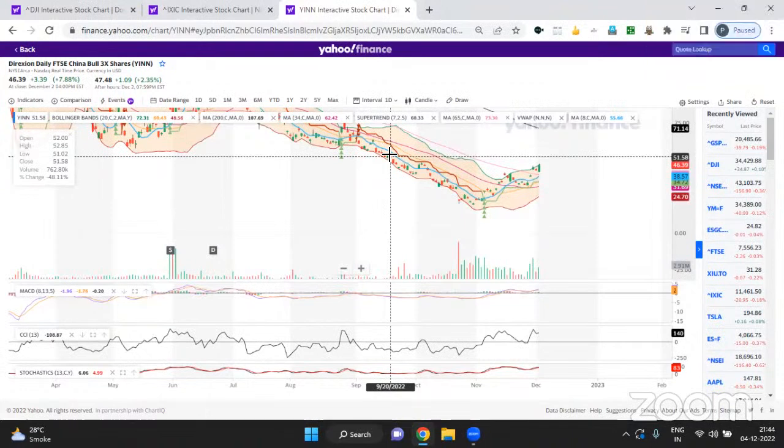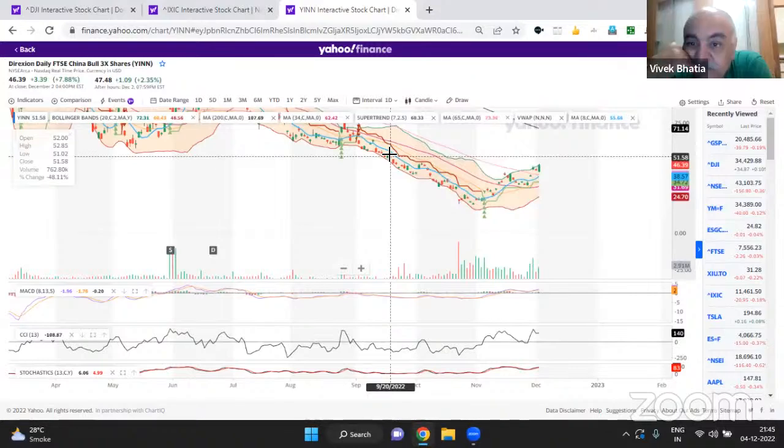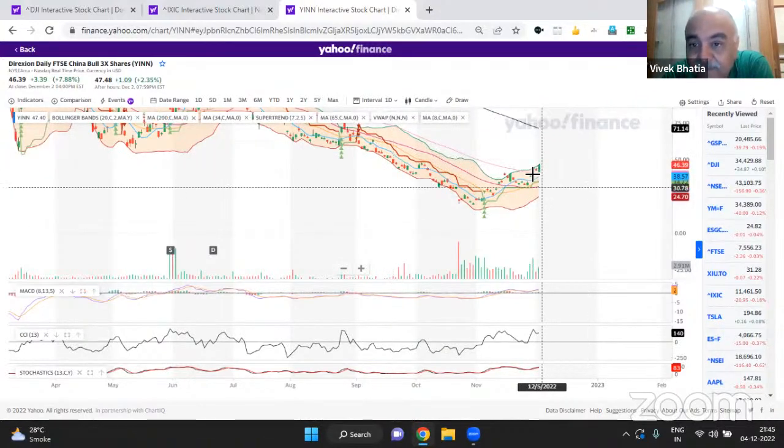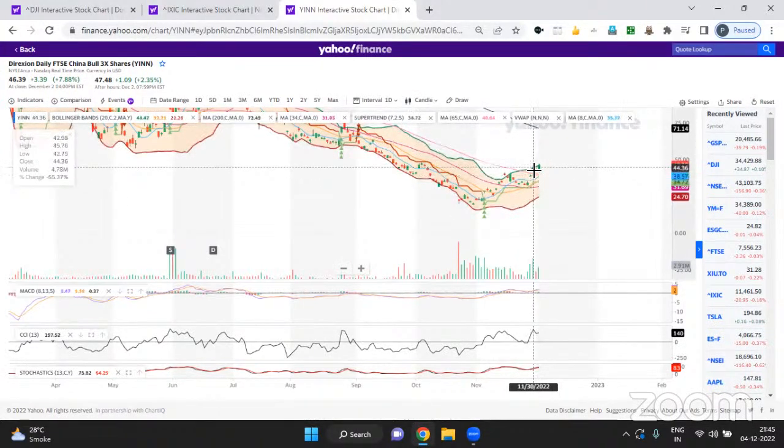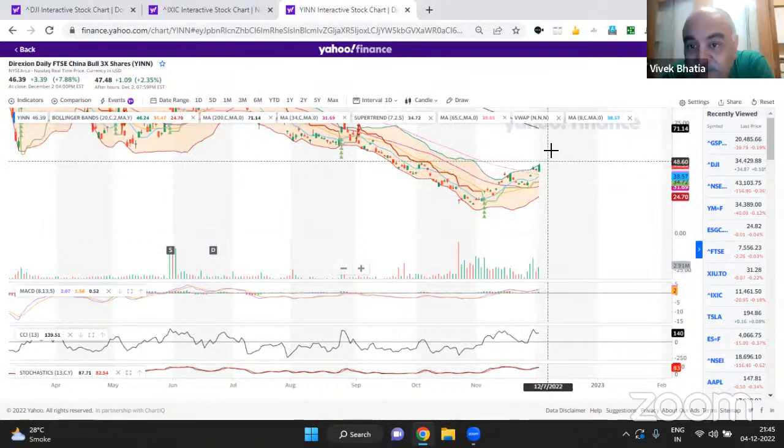But one thing on both YINN and the YANG, they have on the day chart a consistent history of gaps, which could mean the stop loss at times might just be made irrelevant by the gap. Very true. So this is also a gap up run. Right. 1 and 2, and then it holds the low and goes up.